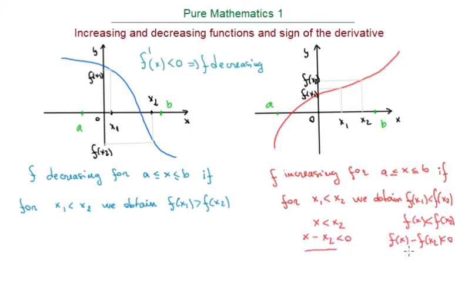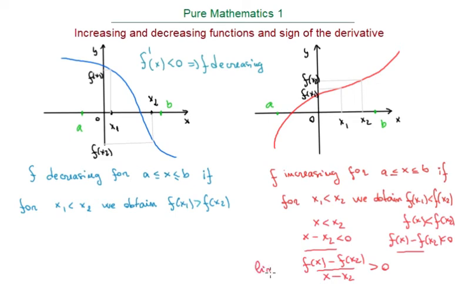We have two negative quantities, and if we do a ratio of the two negatives, we will get a positive. So we can say now that f of x minus f of x2, which is negative, over x minus x2, which is also negative, will be positive, so it's greater than 0.